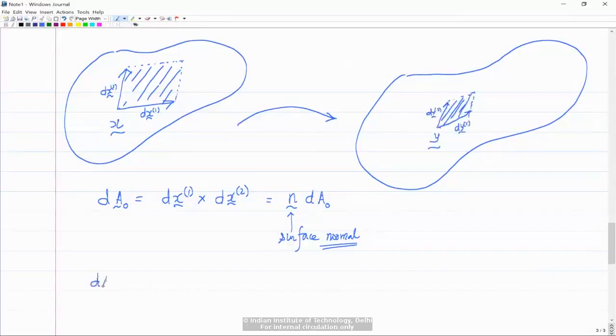So that means dA, which is dy1 cross product dy2, okay, I need n naught here by the way, is same as n dA. So can we write dA in terms of dA naught? That is the question.